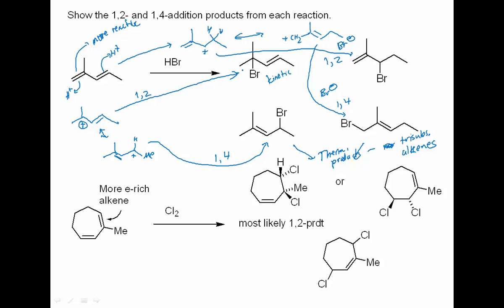Okay, let's look at this bottom one. Here we have two different alkene groups. One's tri-substituted, one's di-substituted. This one's probably more reactive. So if our 1,2 addition product from adding to that alkene is here, the 1,4 addition product from adding to either alkene would be this here, because again, chlorine is adding to one carbon and a chlorine to another carbon, so the 1,4 addition products would look the same regardless of which alkene group you attacked first.